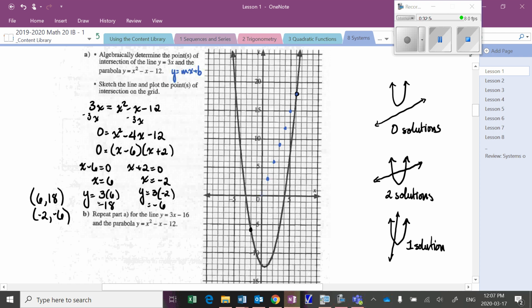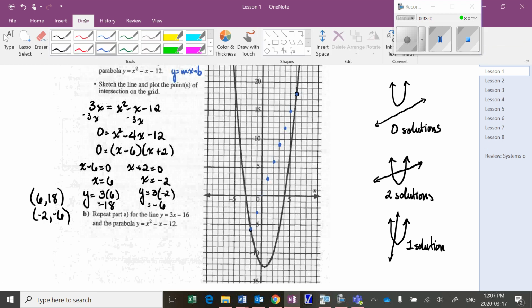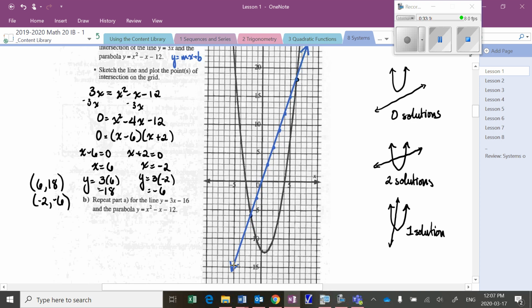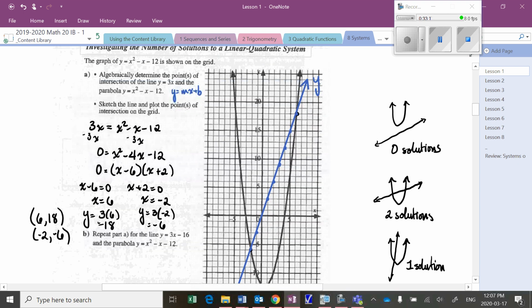And we obviously hit the mark there. Same thing if we're going down, down 3 and left 1, and we hit the mark as well. So that's just even more confirmation for us. And so you can take your ruler and draw that all the way through our graph, not just stopping at those points of intersection. So that is then y equals 3x.